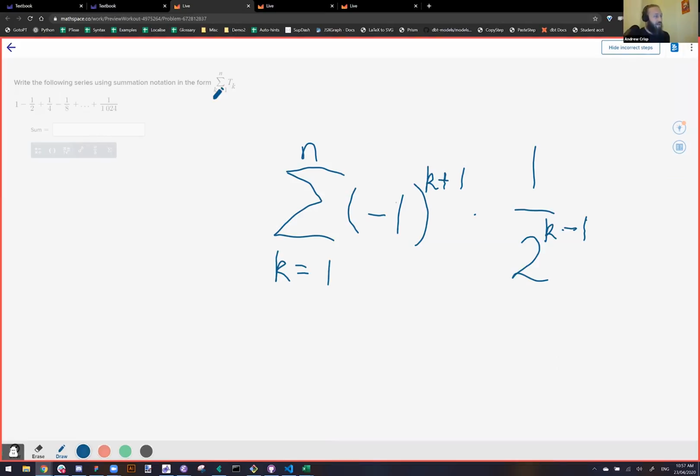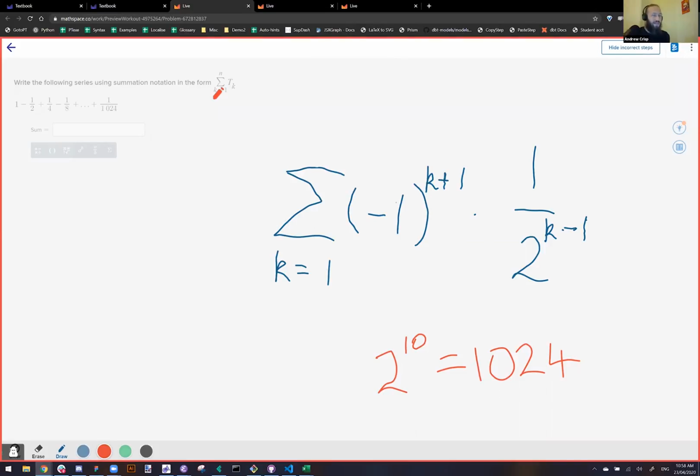The very last thing we need to do is figure out what the value of n is. The one fact that I do know is that 2 to the power 10 is 1024. So we need to count k up until this power becomes 10. You might think that the answer is 10 up here.